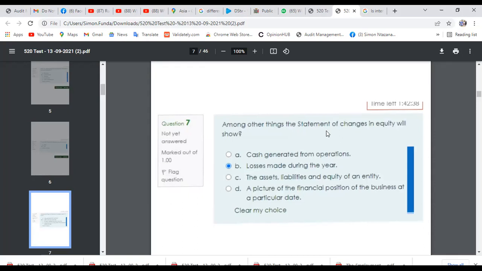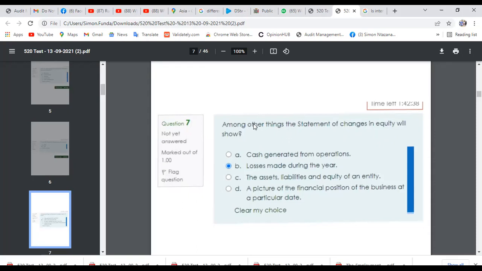Then the other statements you prepare are the statement of changes in equity and the statement of cash flow. In the statement of changes in equity, you are dealing with only equity items.